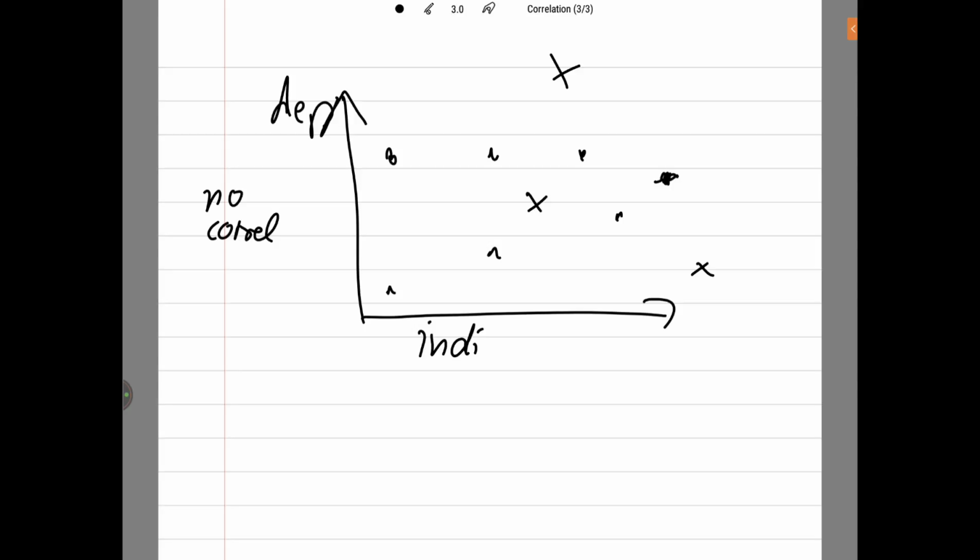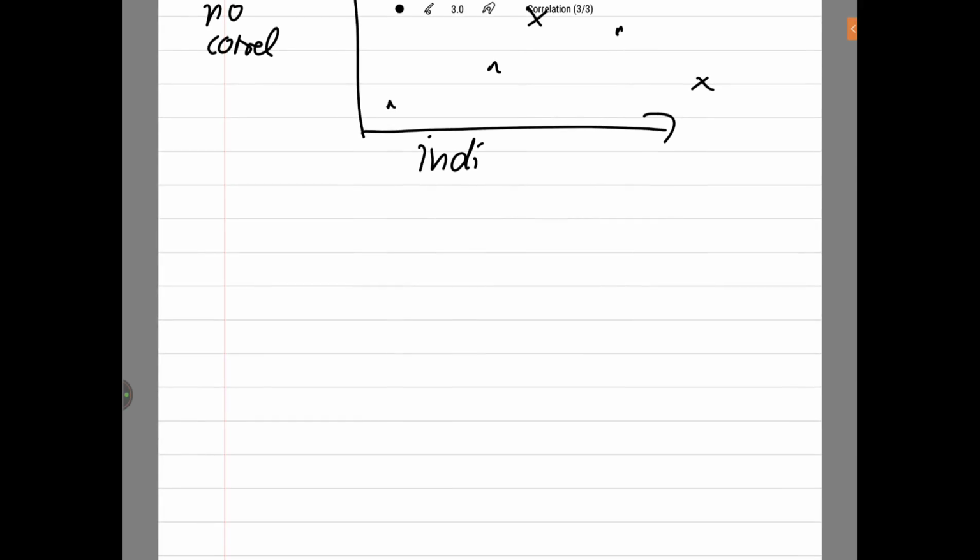Now, how could we put that a little bit more into something useful? There's actually something that is extremely useful. This is called Pearson's R, or Pearson's correlation coefficient.